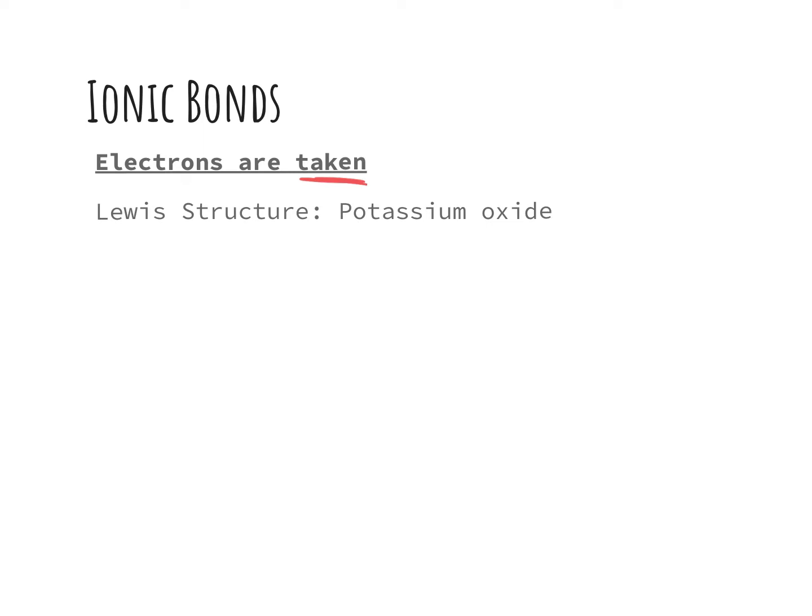Okay. The very first thing we have to do is write the formula. Okay, so what's the symbol for potassium? Okay, and what's the charge of potassium? +1. What's the symbol for oxide?